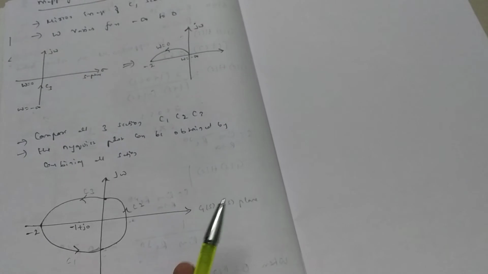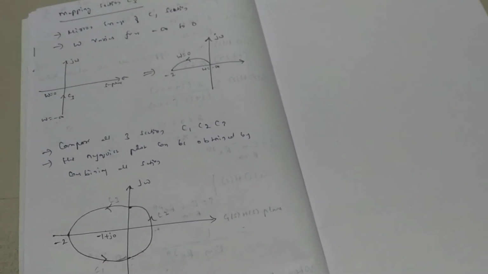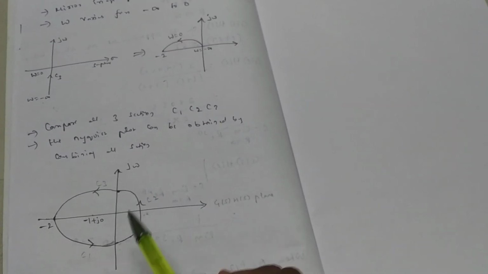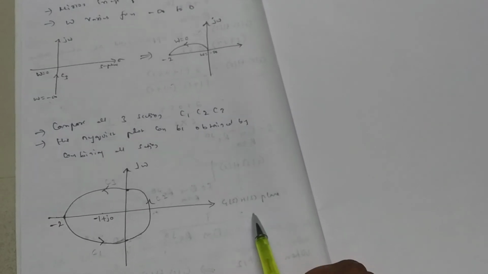Also, this is an open loop transfer function, and for the given open loop transfer function, we have one pole on the right side of the S-plane. Since the number of anti-clockwise encirclements is equal to the number of open loop poles, the given closed loop system is a stable system.